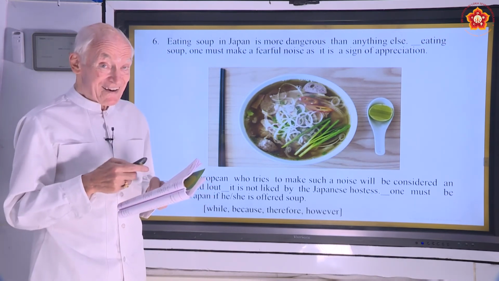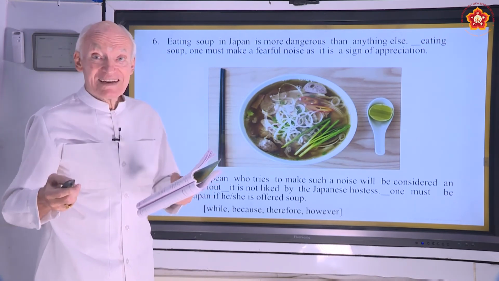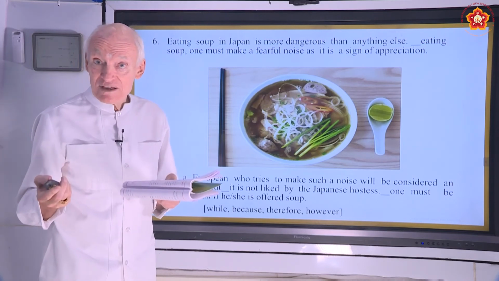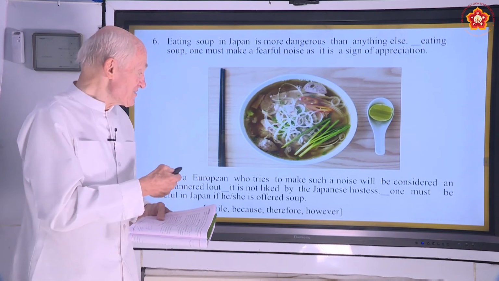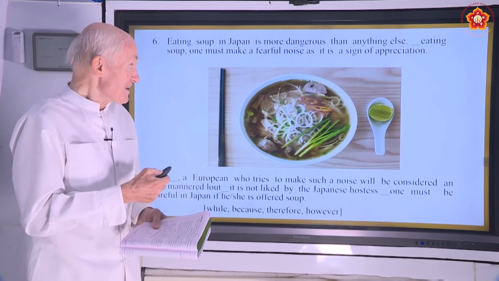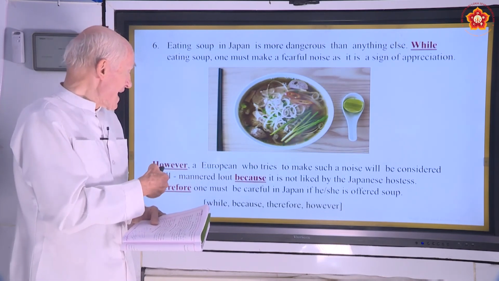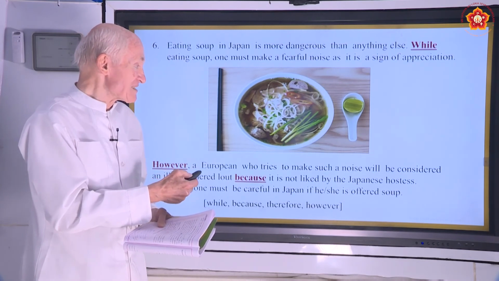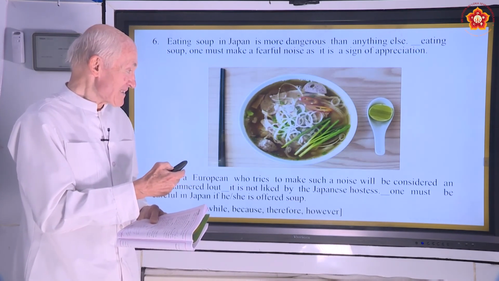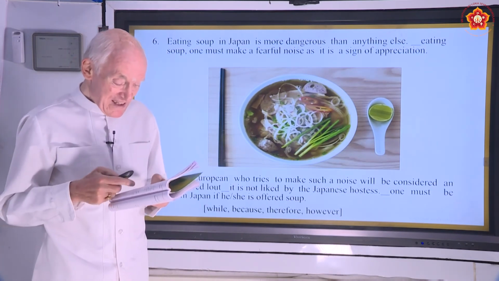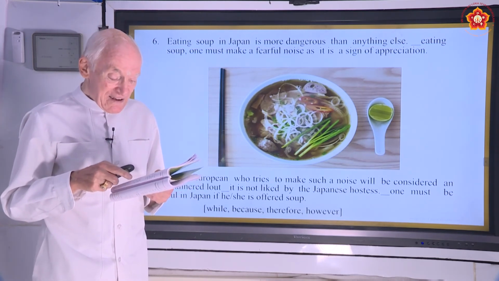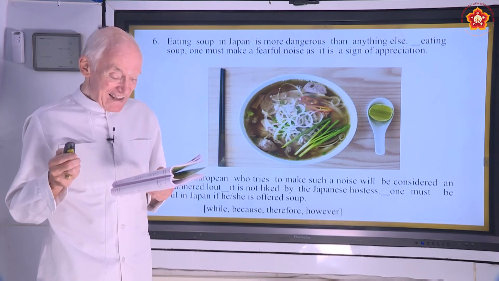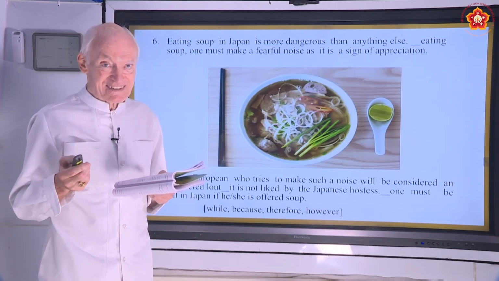However, okay, even though you're supposed to make a noise, if you're a European at a Japanese house, you got to be extra careful. So let's use the word "however," and we'll see if that's the right word. However, a European who tries to make such a noise, perfect, it works in beautifully, will be considered an ill-mannered lout because it is not liked by the Japanese hostess.